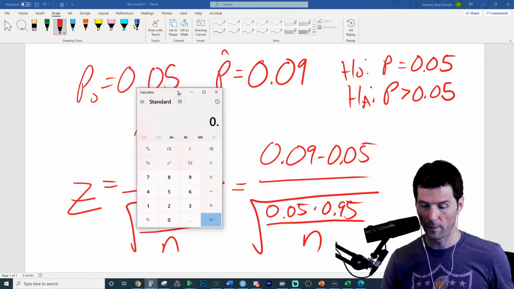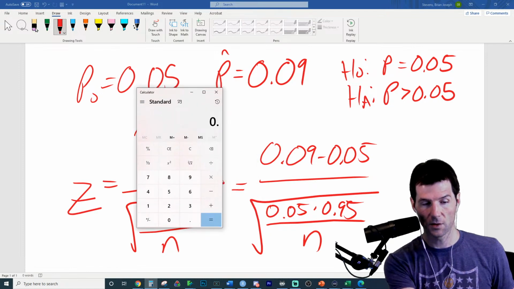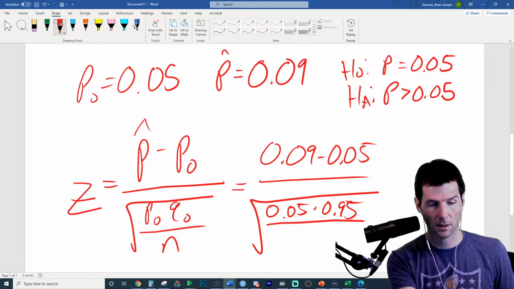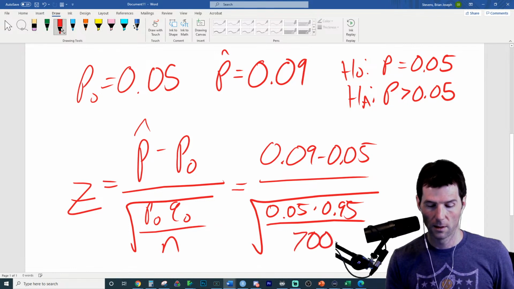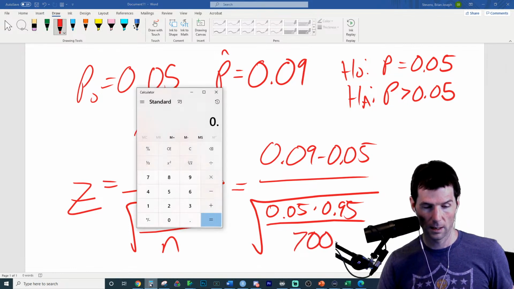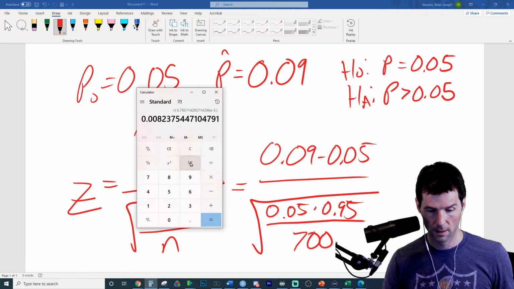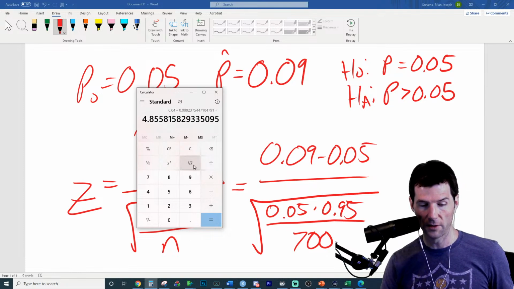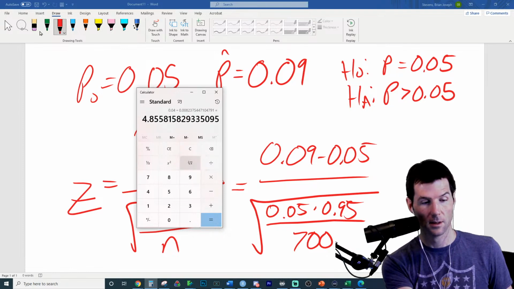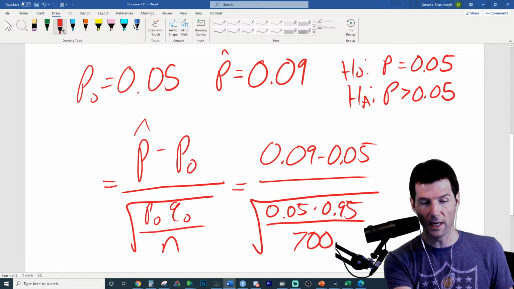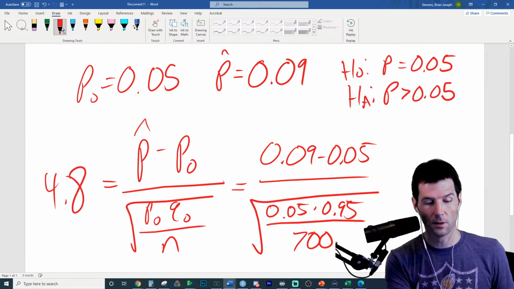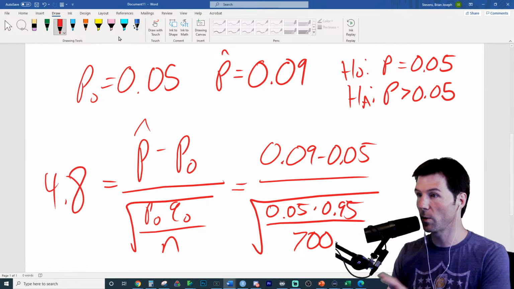Oh my gosh, I didn't put in my N. Sample size from earlier was 700. And let's take 0.09 minus 0.05. And the Z is 4.8. Holy mackerel.